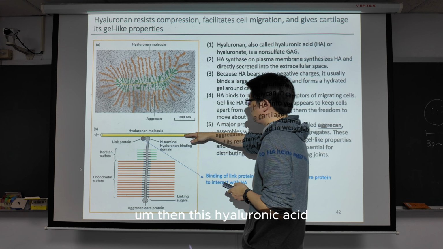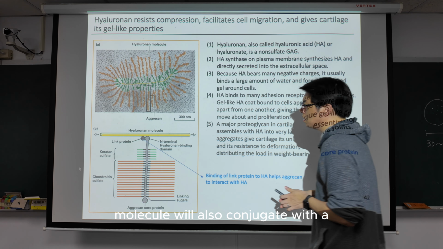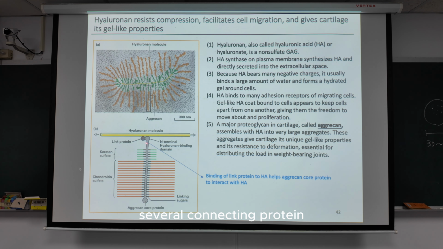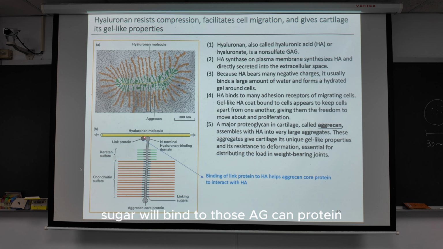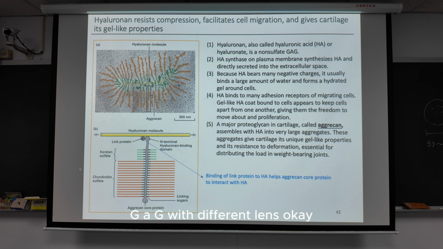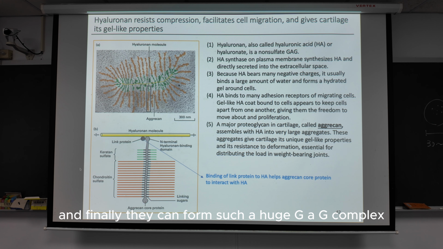Then this hyaluronic molecule will also conjugate with several connecting proteins, for example aggrecan, and many linkage sugars will bind to those aggrecan proteins, with different repeated GAGs of different lengths. Finally, they can form such a huge GAG complex.